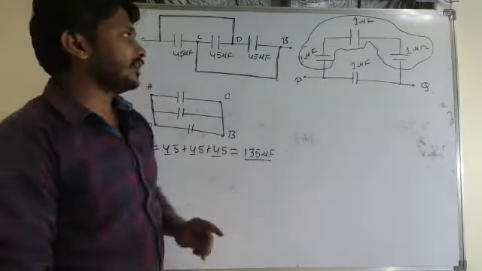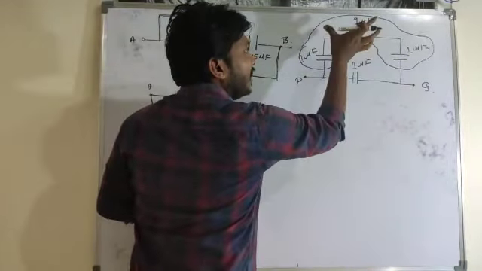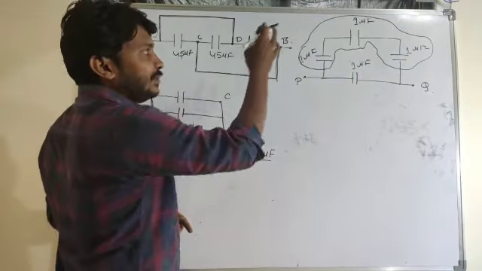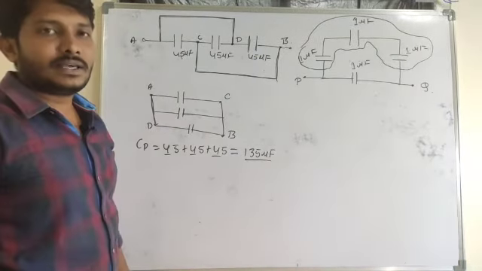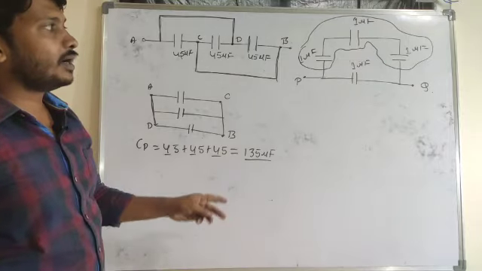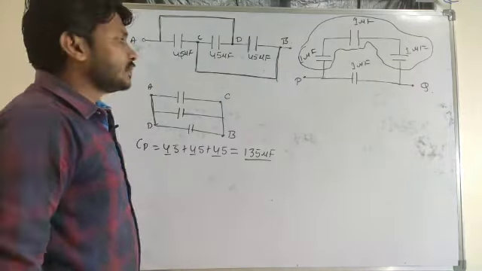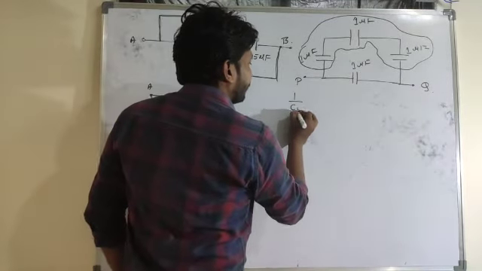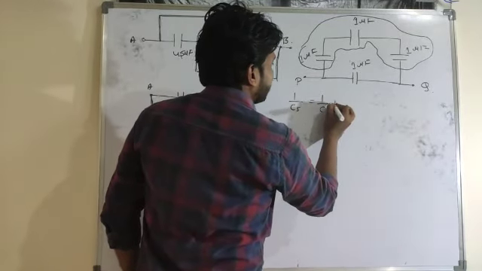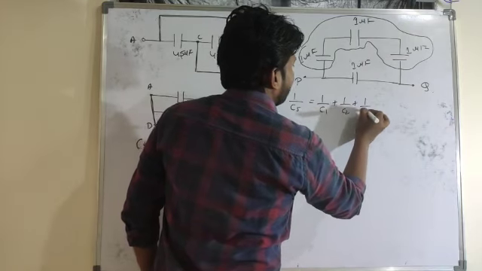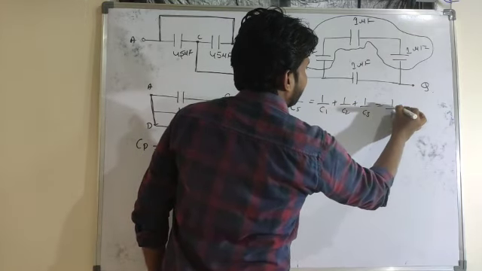End-to-end connection, so instead of 3 capacitors, I will write a single capacitor. What is the answer here? 1 by C of S is equal to 1 by 1 plus 1 by 1 plus 1 by 1, since each is 1 microfarad. So 1 by C of S is equal to 1 by C1 plus 1 by C2 plus 1 by C3.